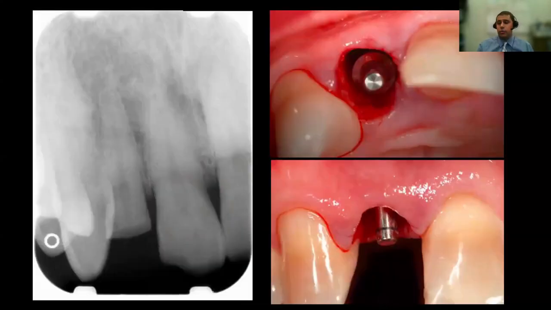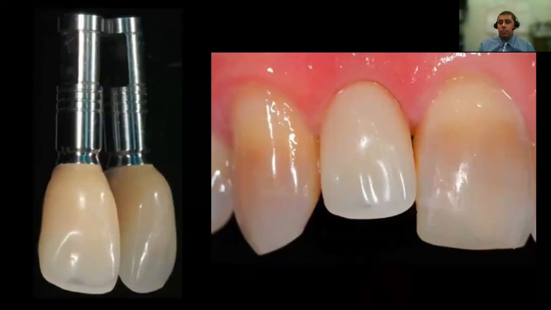So if I extract the tooth and place that implant and place, in this case, a prefabricated abutment that's utilized in the professionalization of that dental implant, now I have an implant analog that I can utilize outside to complete and finish my provisional restoration.